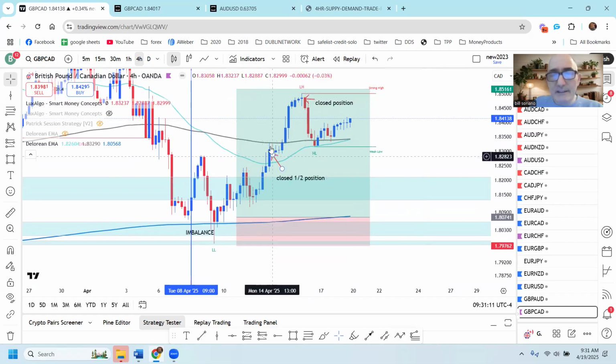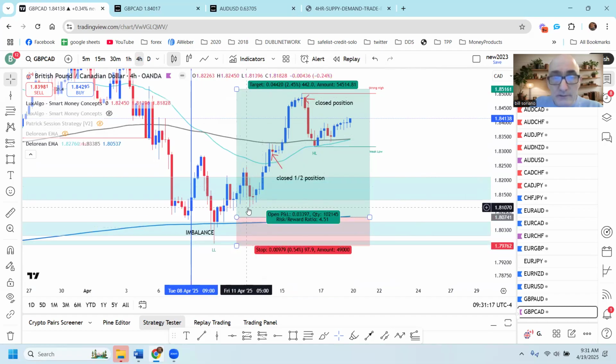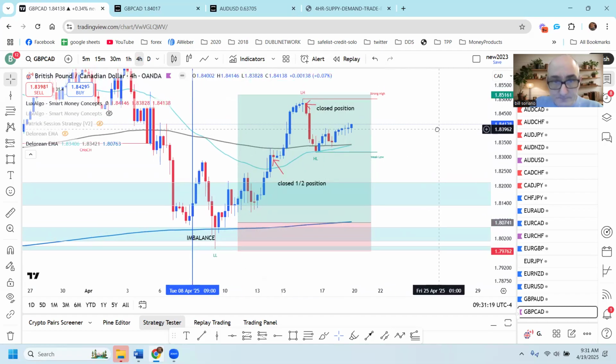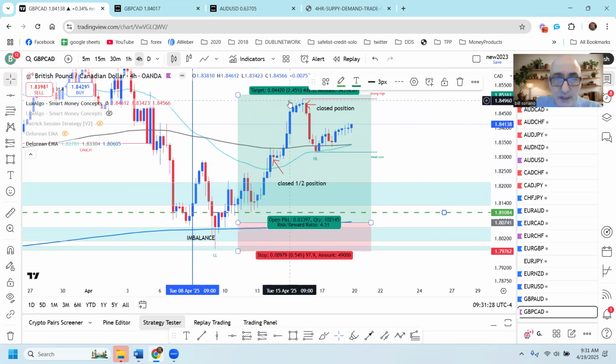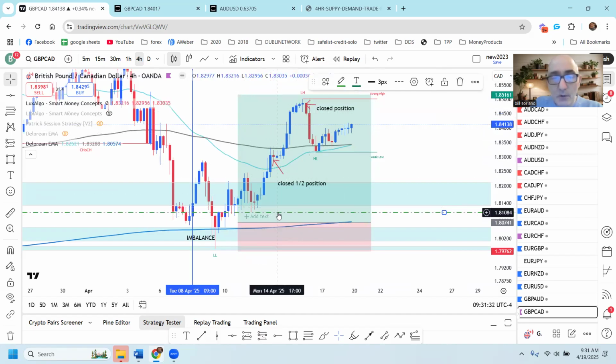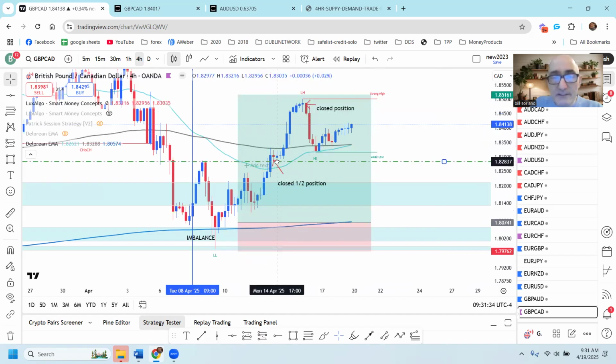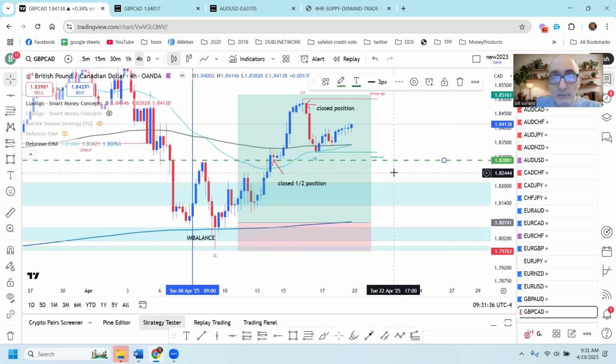Anyway, we exited half the position once we were up by 2%. And then what we did was we trailed our stop loss. So initially we would have moved our stop loss up to here, right? As price moved up. And then when price consolidated here and moved up again, we moved that stop loss up to this area right here, right?